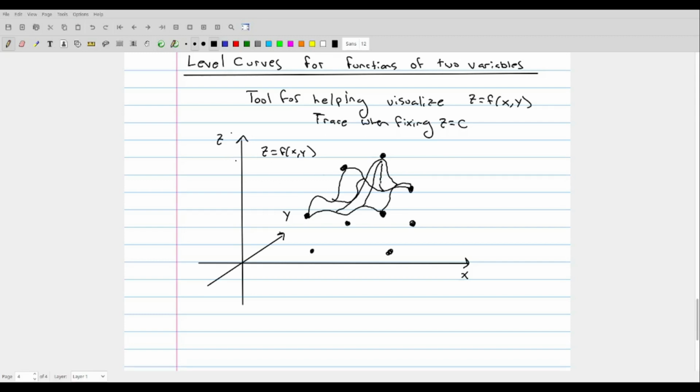So the idea is that the level curve generated by fixing the z coordinate, if we fix z at some z value, is the curve that we get when we consider the intersection of this surface with a fixed z value.